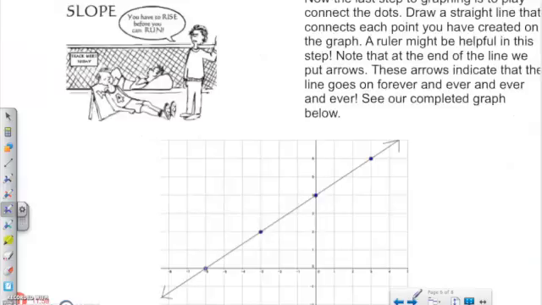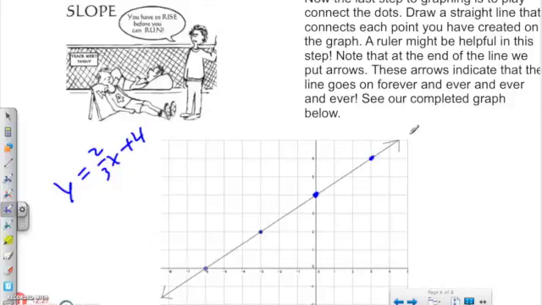Alright, returning to our example, the last step to graphing is to connect the dots. So just to review, we had our y-intercept here. We had our point that was 0, 4. Alright, I'll just jot down our equation to the side here real quick so we remember. Our y-intercept came from the 4 there. Our slope was 2/3, so that meant we had to count up 1, 2, and over 1, 2, 3.